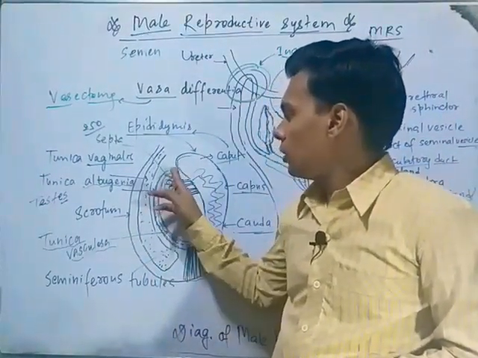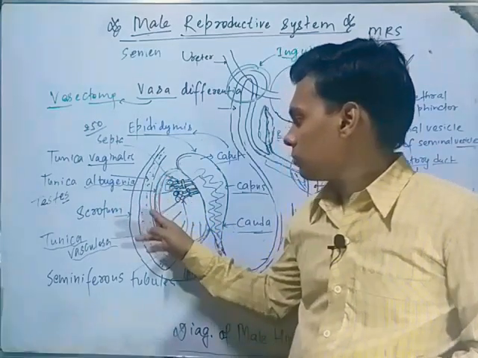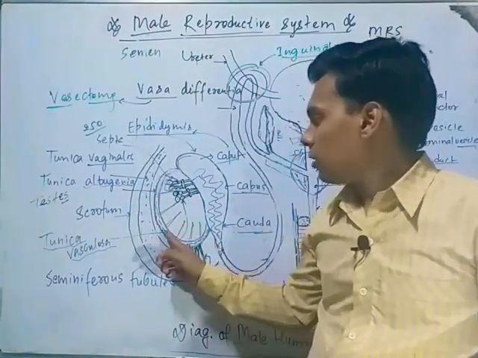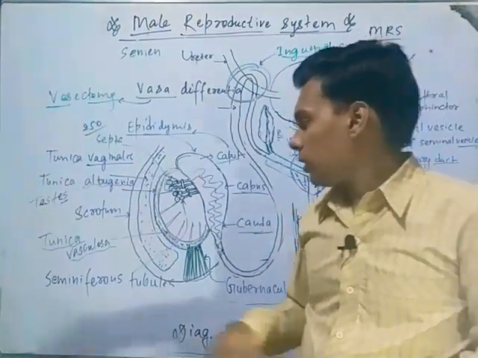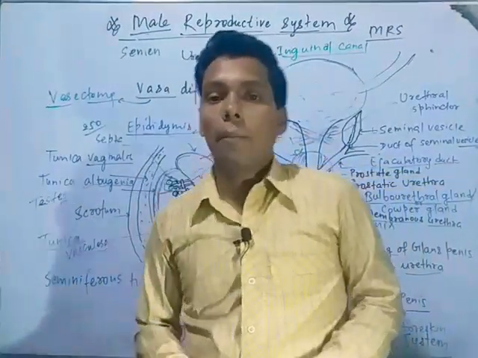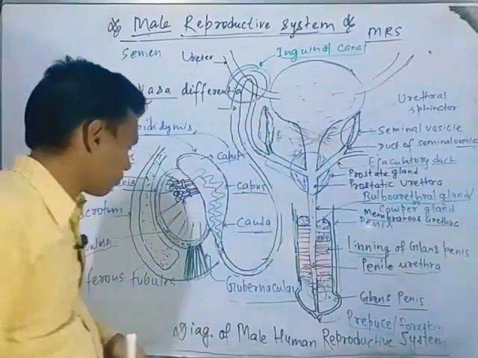The tunica albuginea is the covering of the testis, and the tunica vasculosa is the inner covering where capillaries are present.